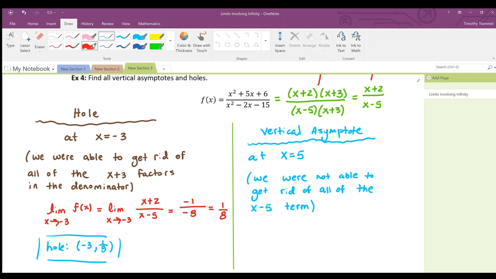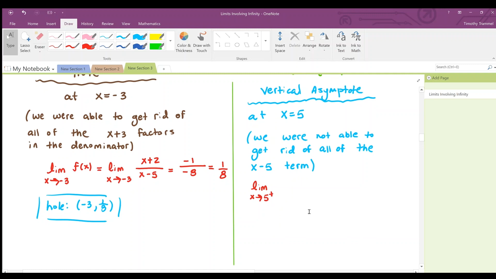Let's go over to the asymptote. If we take the limit as x approaches 5, we're going to do that from the right and from the left, just in case those two limits are different. And again, I want these both to be of f of x.